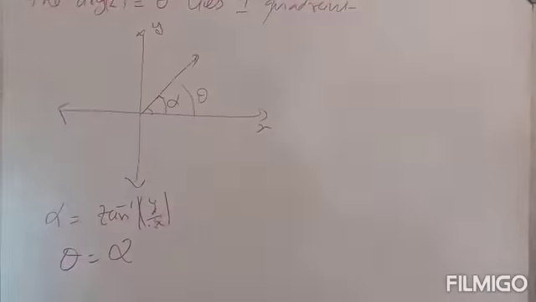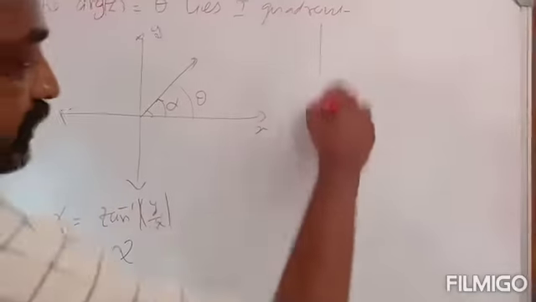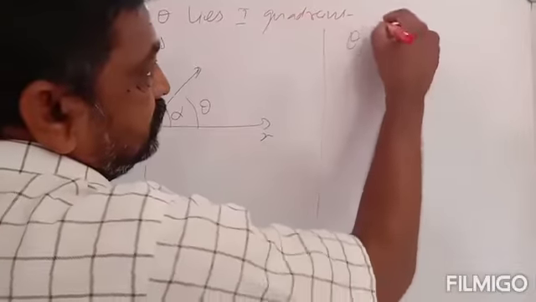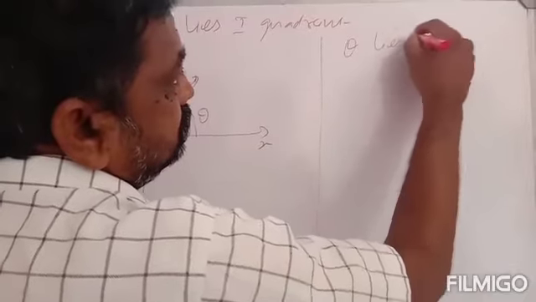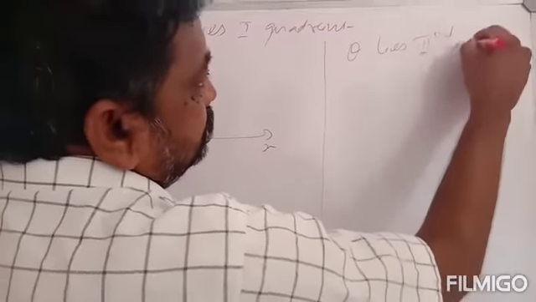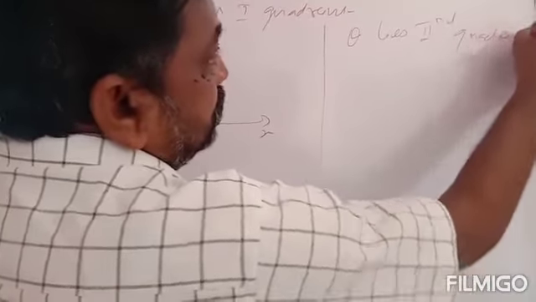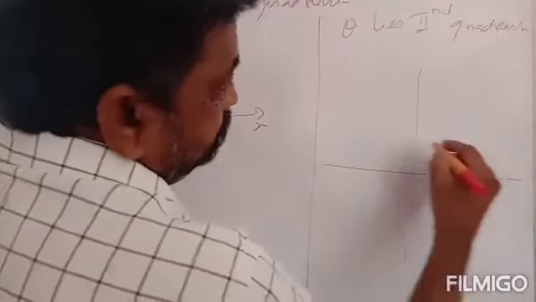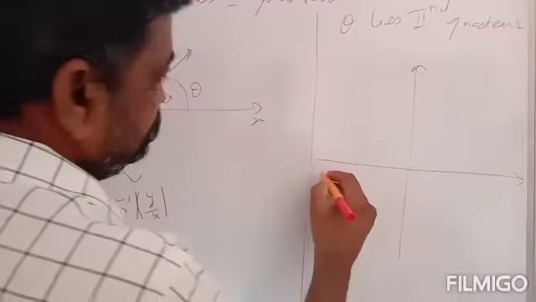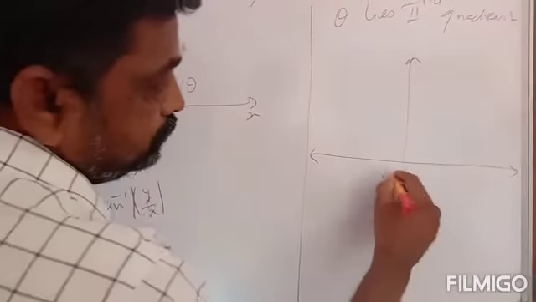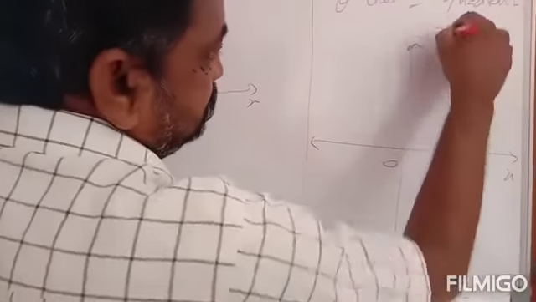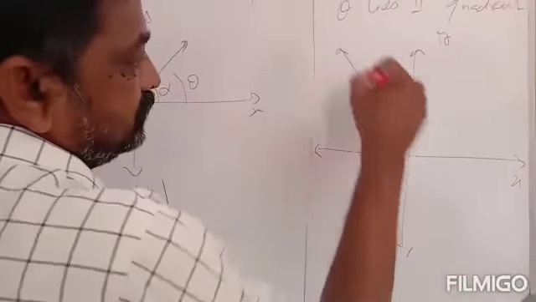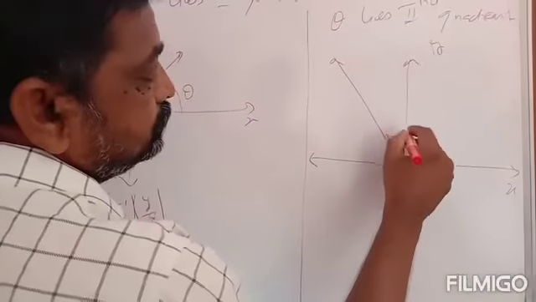Next, if theta lies in the second quadrant, the angle from the x-axis is theta, and the acute angle is alpha.